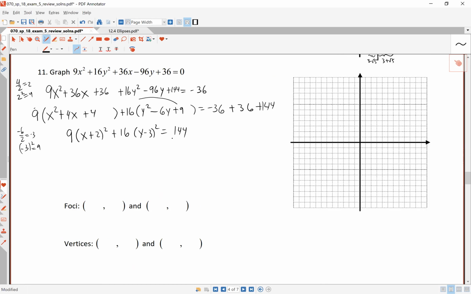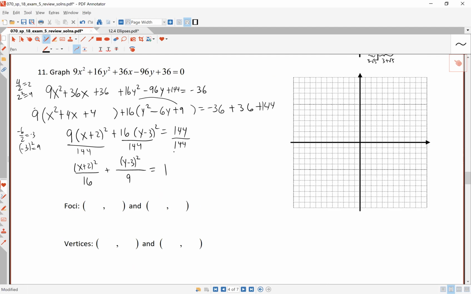To write this in the standard form, we divide both sides by 144. And 9 over 144 is 1/16. And 16 over 144 is 1/9. And now we graph this.